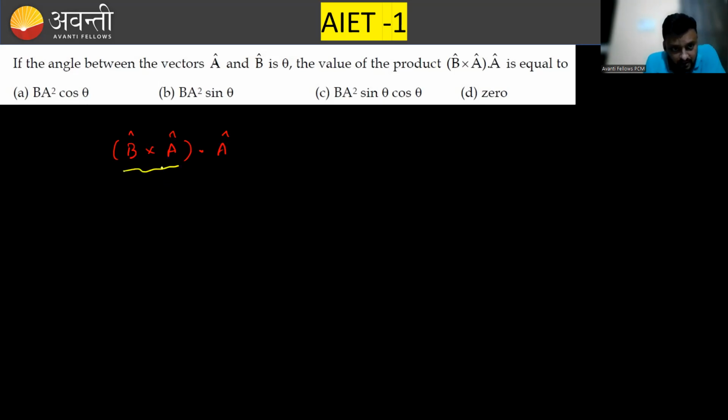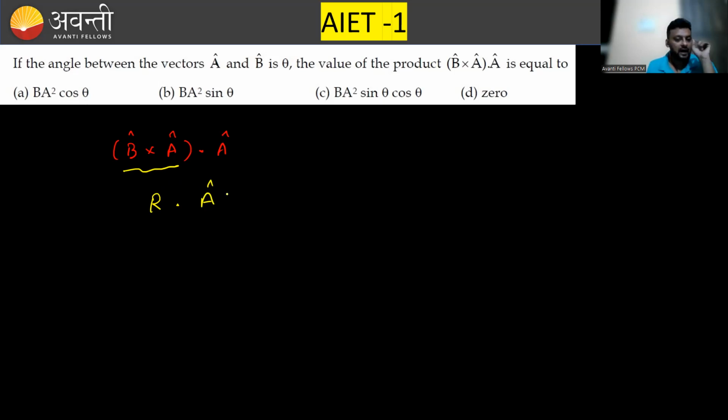The resultant of B cross A will be perpendicular to A and B both. Let's suppose the resultant of B cross A is R. So this R will be perpendicular to what? A and B both.